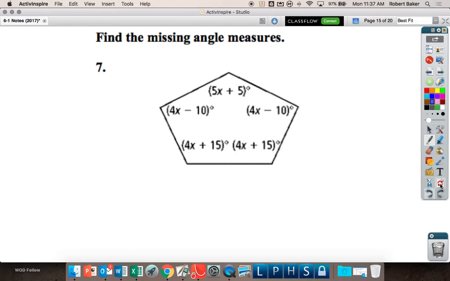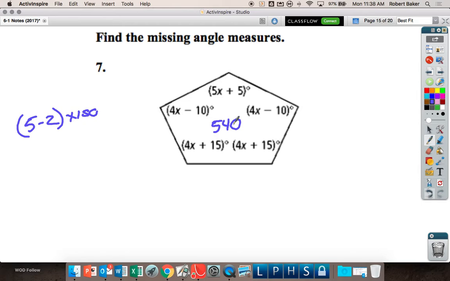The amount of degrees in a pentagon is 540. That's called the interior angle sum. So the interior angle sum for a pentagon is 540 degrees. That is the only geometry layer to this entire problem. There is 540 degrees in that pentagon.